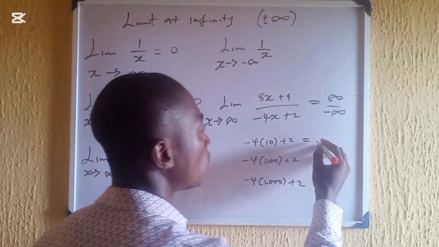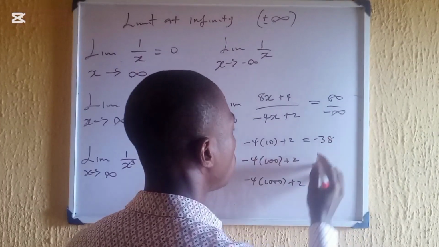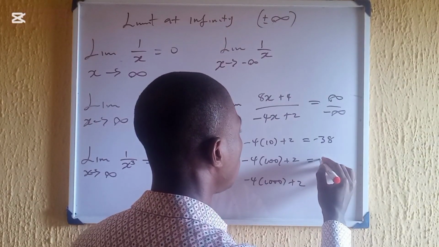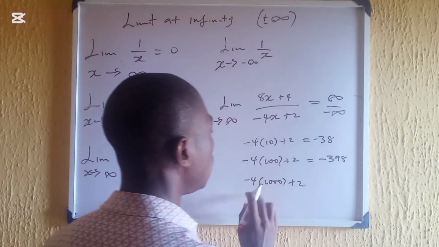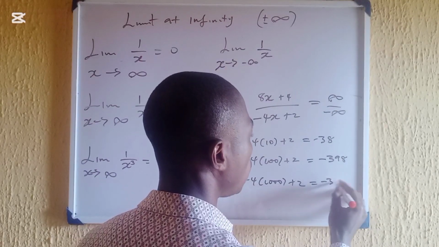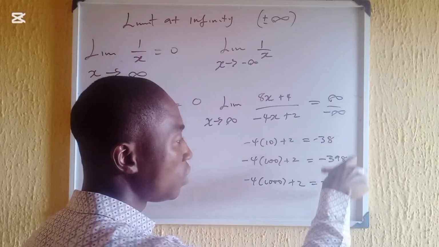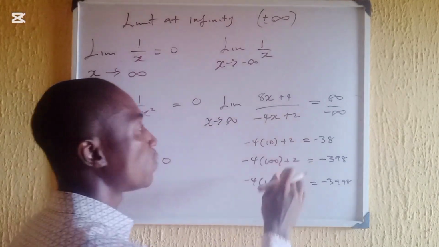This gives us 2 minus 40, that's minus 38. This gives us 2 minus 400, that is minus 398. This gives us 2 minus 4,000, that is minus 3998. So you can see that we are tending towards what? Negative infinity as x tends towards positive infinity.